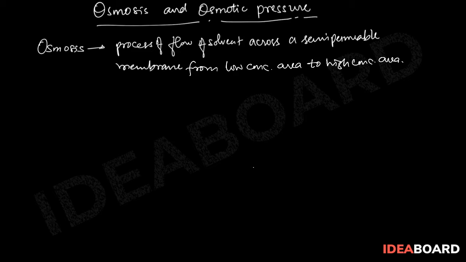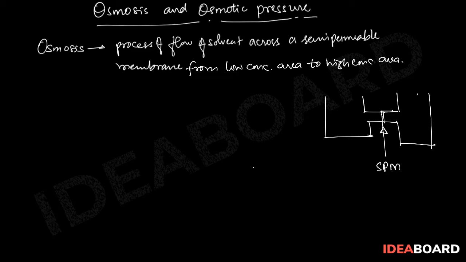Let us understand osmosis and osmotic pressure using a simple example. Let us say that there are two containers connected via a tube like this. So this particular passage has a semi-permeable membrane here, SPM. Generally, semi-permeable membranes are cellophane, parchment paper, or animal bladder.